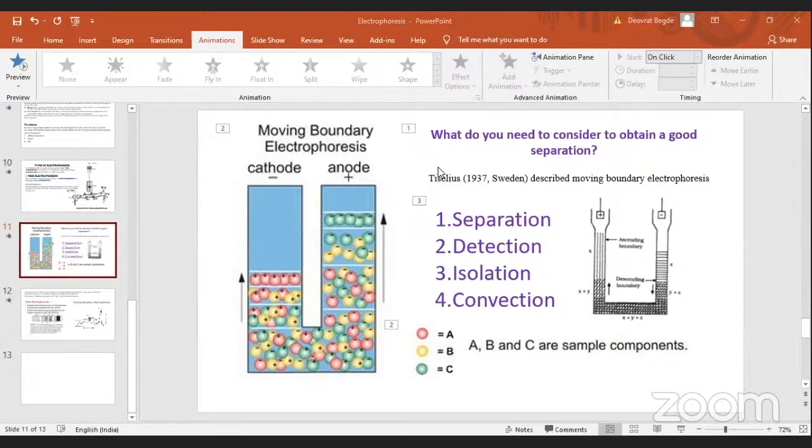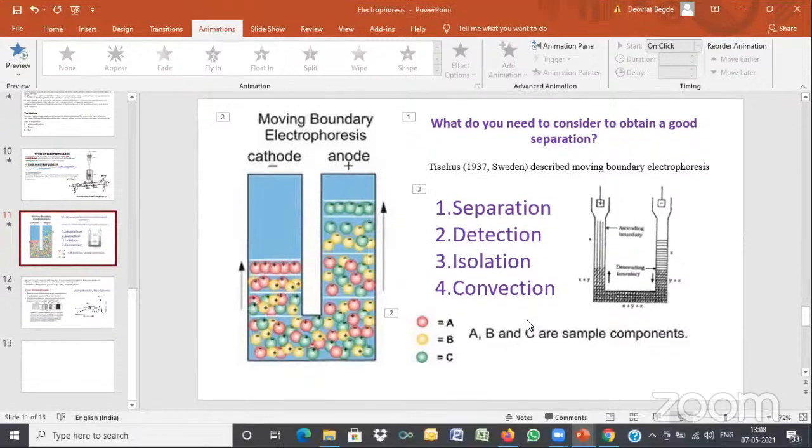But before we go into discussing zone electrophoresis, let us take a short overview of what we did in the last class, and then we can move ahead in understanding the advantages of zone electrophoresis over free electrophoresis, and what made it develop as an independent method for electrophoretic separation.